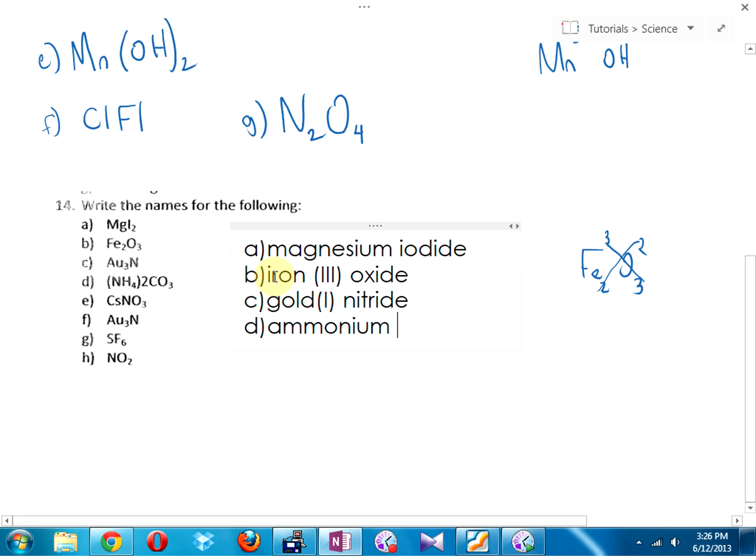Ammonium. What the heck is CO3? Carbonate. I don't know what that 2 is. I thought we put the thing in brackets with the 2 on the outside, but anyways.